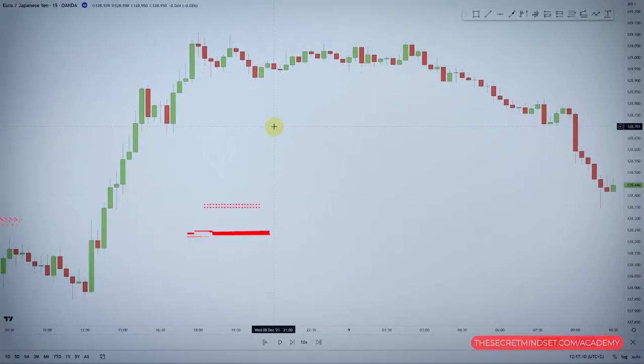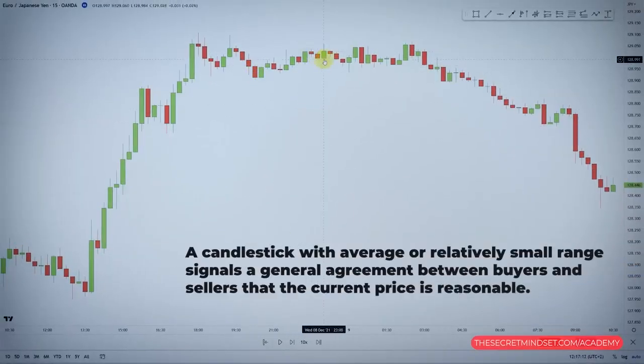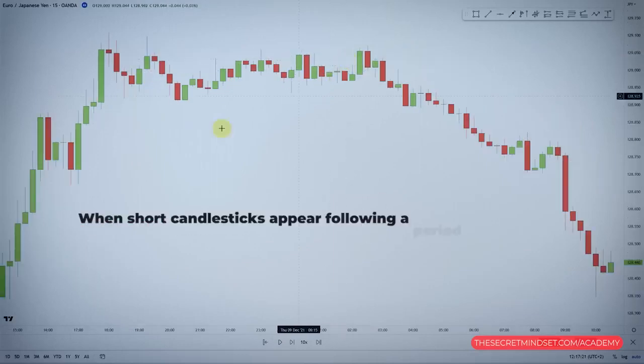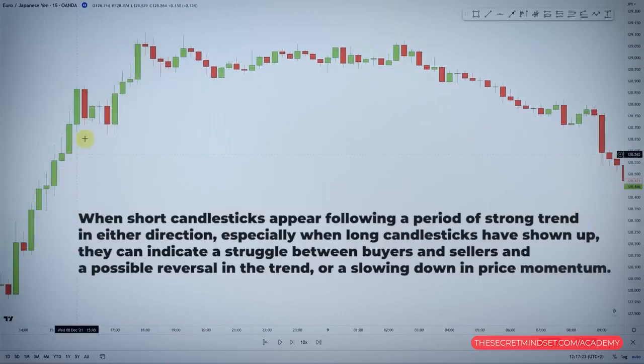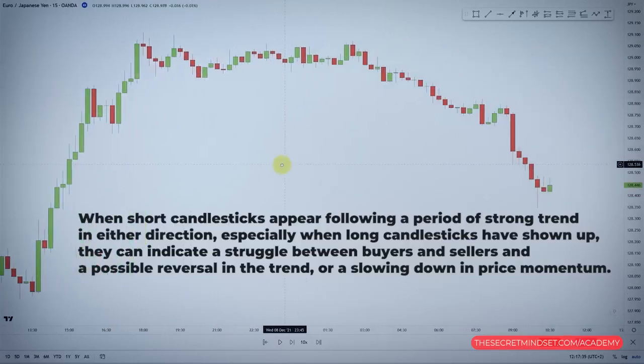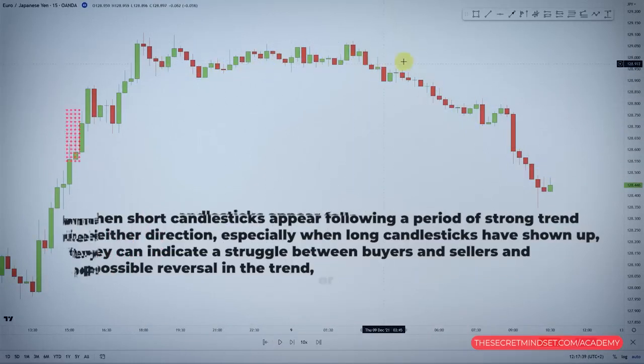A candlestick with average or relatively small range signals a general agreement between buyers and sellers that the current price is reasonable. However, when short candlesticks appear following a period of strong trend in either direction, especially when long candlesticks have shown up, they can indicate a struggle between buyers and sellers and a possible reversal in the trend or a slowing down in price momentum.